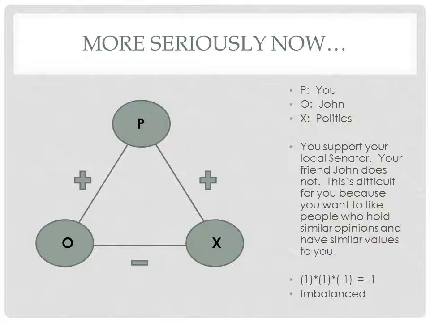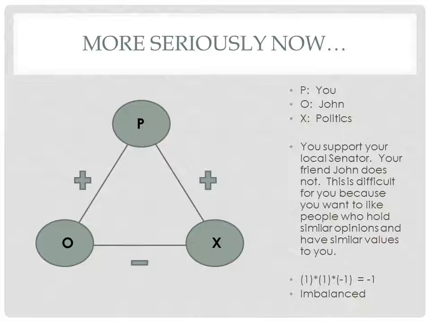However, then let's start getting into some of the imbalanced relationships. So now I do like John. I don't know, we made up or something like that. So John and I are friends now. You can see that on the left side of the relationship between the person and the other. I'm still religious and John still isn't religious. This is going to be an issue for me because I kind of expect my friends to have similar values to what I have.